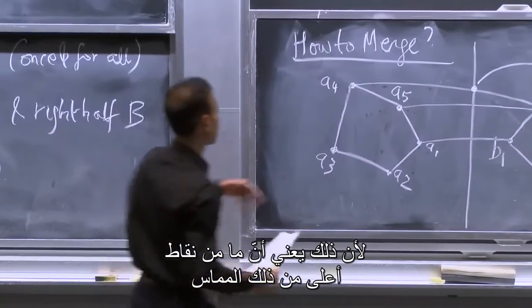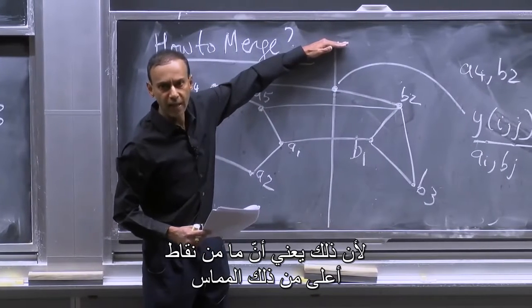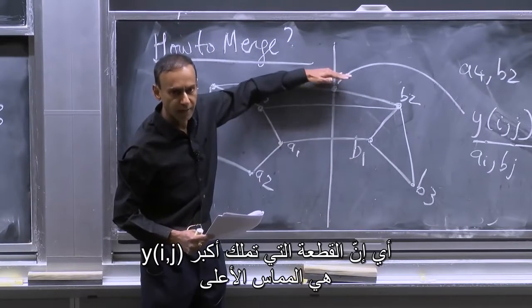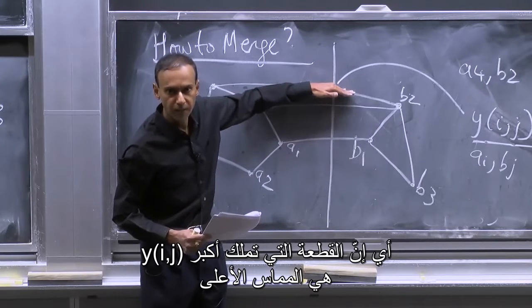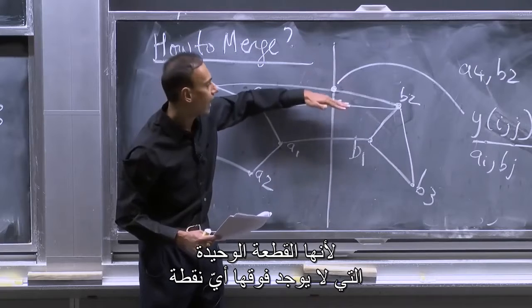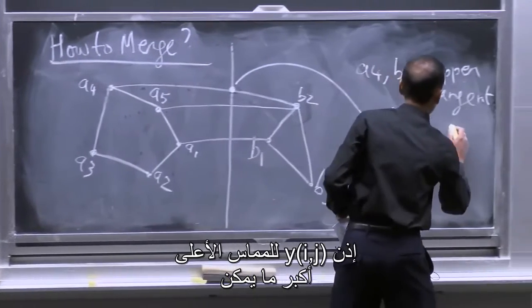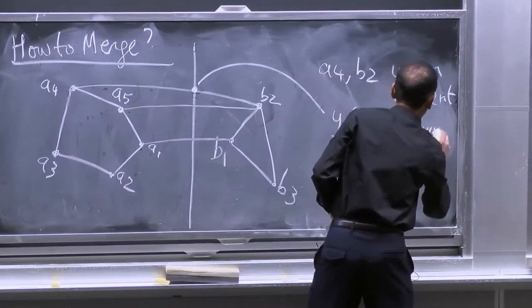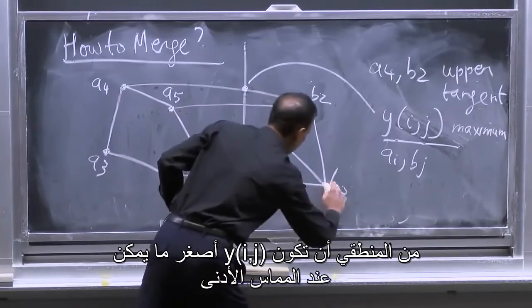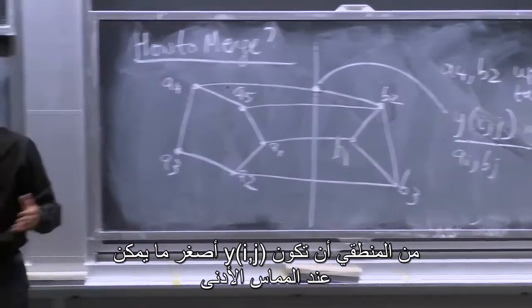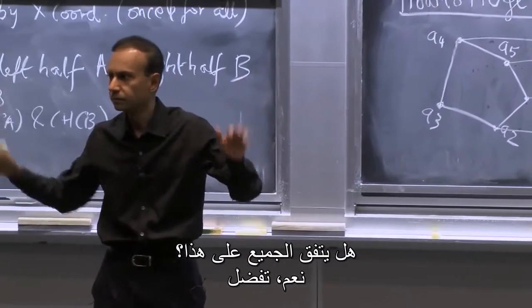Because that's essentially something which would ensure me that there are no points higher than that, right? So if I go up all the way and I find this that has the maximum Yij, that is going to be my upper tangent, because only for that will I have no points ahead of that, okay? So Yij is upper tangent. This is going to be maximum. And I'm not going to write this down, but it makes sense that the lower tangent is going to have the lowest Yij. All right? Are we all good here?